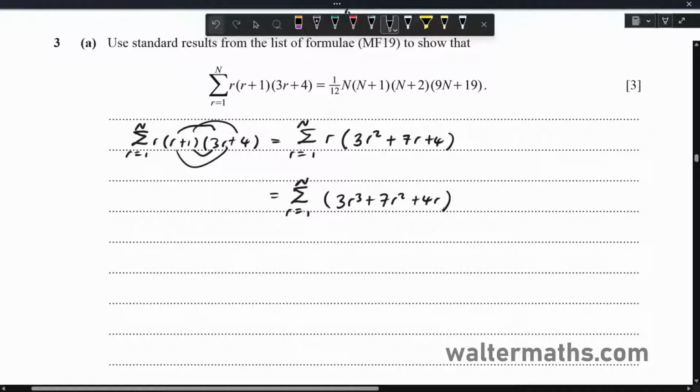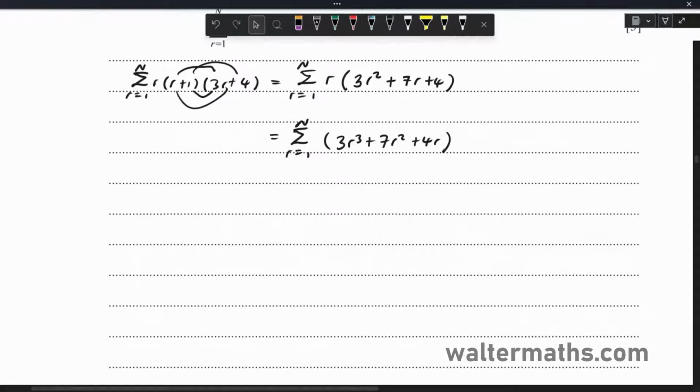So this is what we are having here. So it's going to be 3 times the sum to n of terms of the form r cubed, plus 7 of the sum to n of terms of the form r squared, plus 4 of the sum to n of terms of the form r.